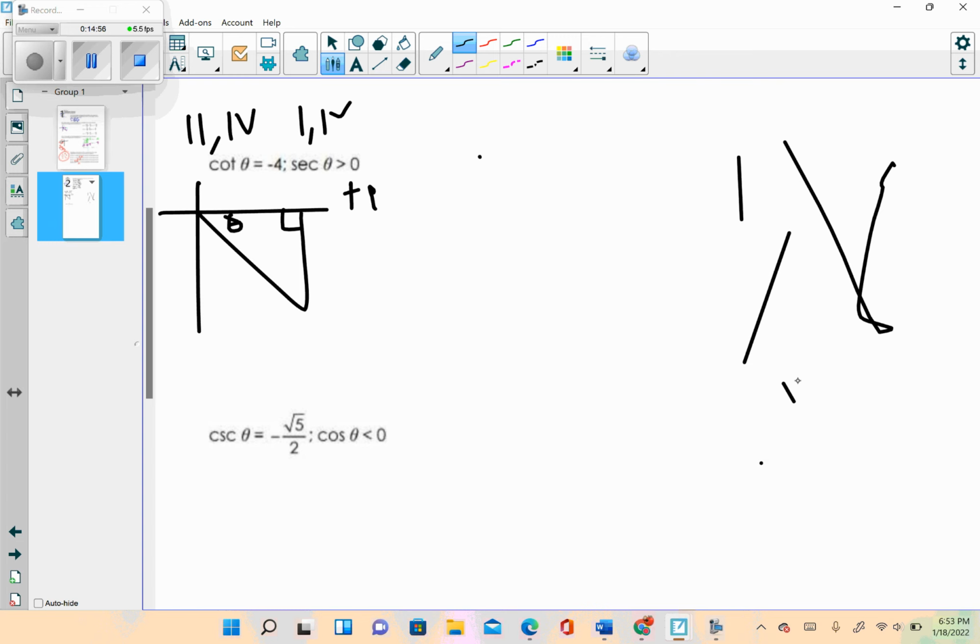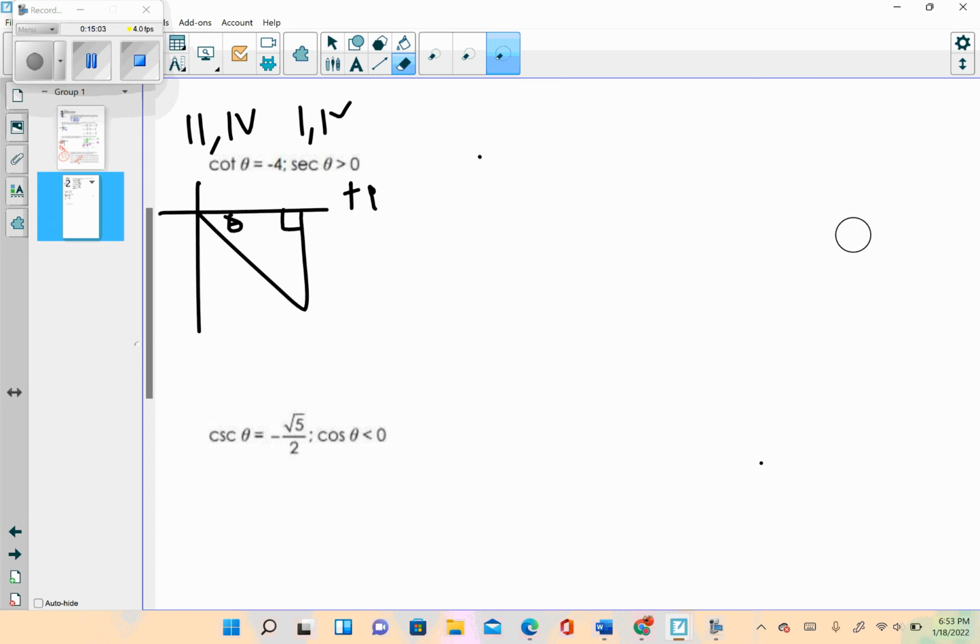Now cotangent is negative 4, so that means the tangent is that flipped. So my tangent is negative 1/4.